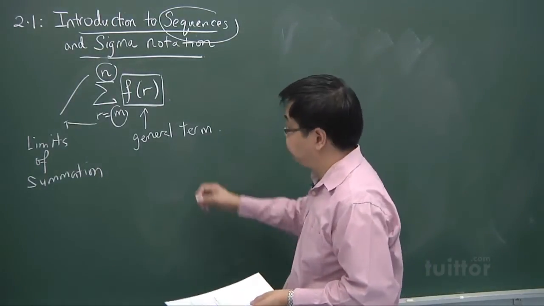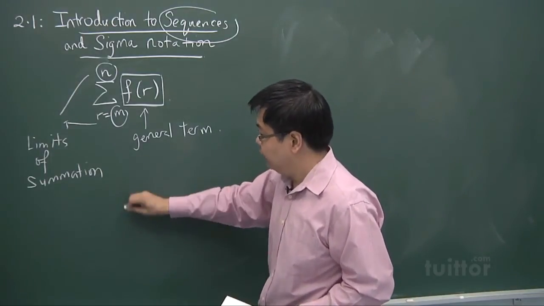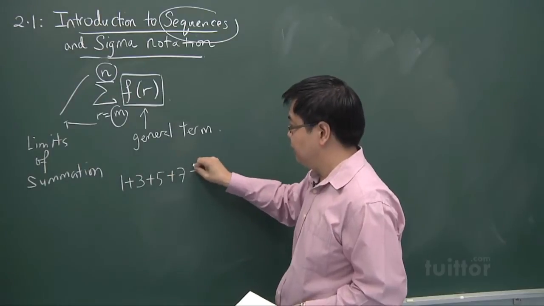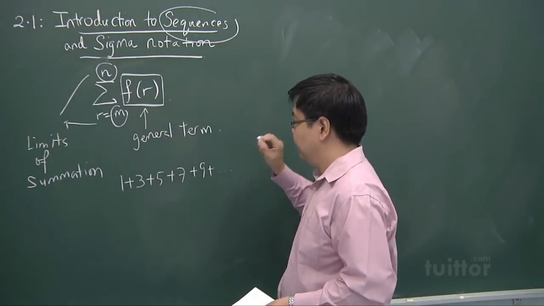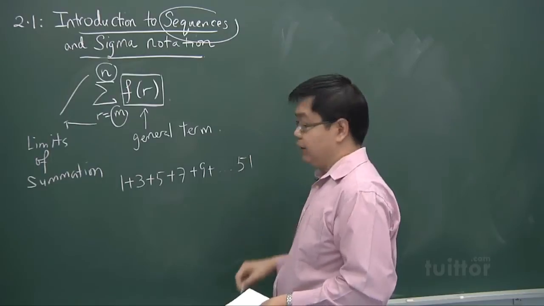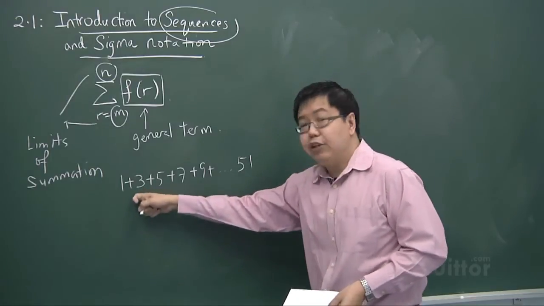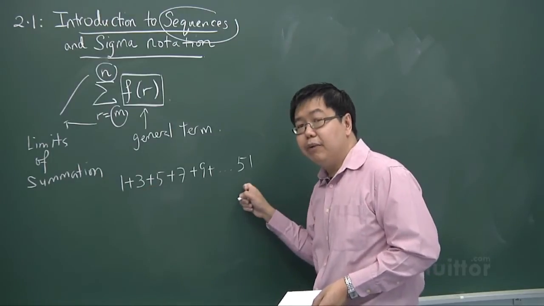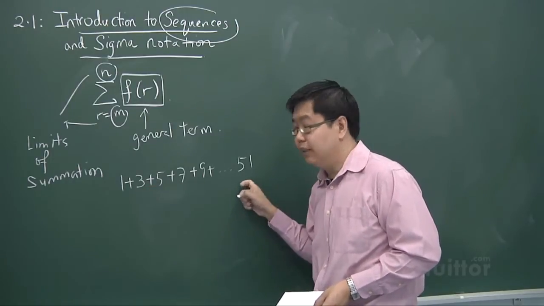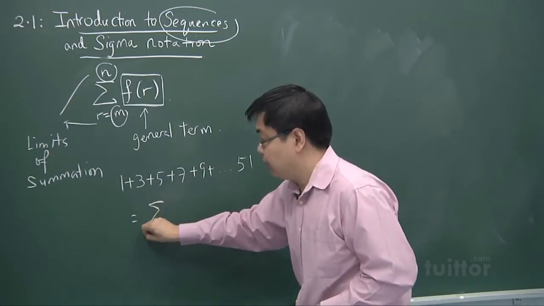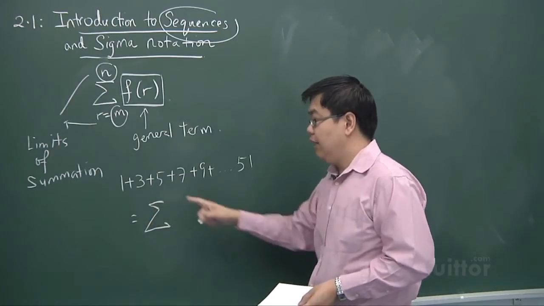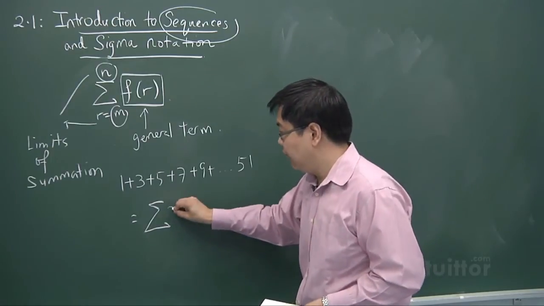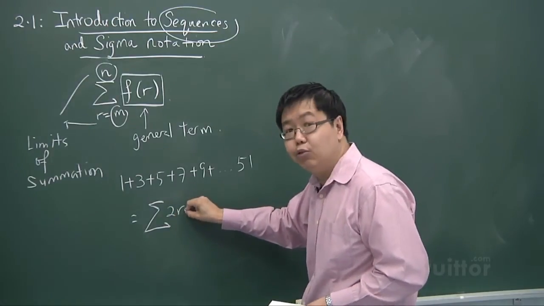For example, if you have the following, say 1 + 3 + 5 + 7 + 9 all the way until 51. Now it's actually very troublesome to list down all this. So instead of showing all the terms in this manner, we write as a sigma notation here. And recall what is the general term of odd sequence. It will be either 2r - 1 or 2r + 1.